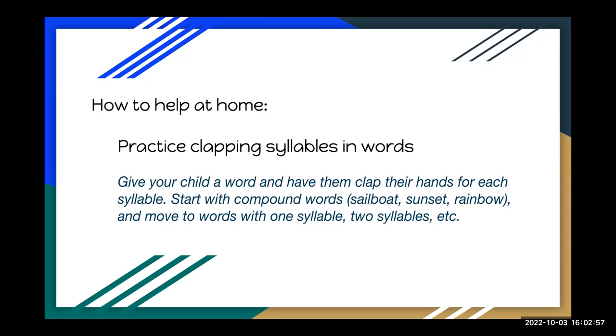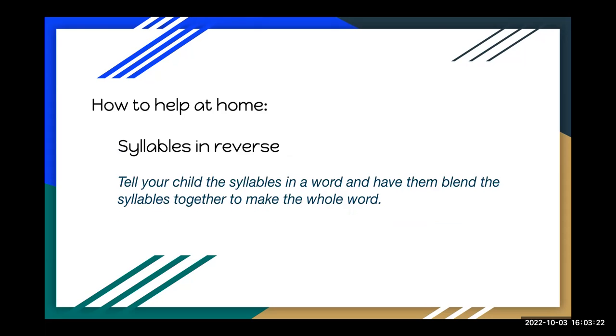Okay. And then you'll move on to one syllable words. We can go back to cat, just one syllable, cat. And then you can get into words with more than one syllable. Magnet, okay, table, okay, those all have more than one syllable, and we want them to be able to hear those syllables in those words and hear those sounds.